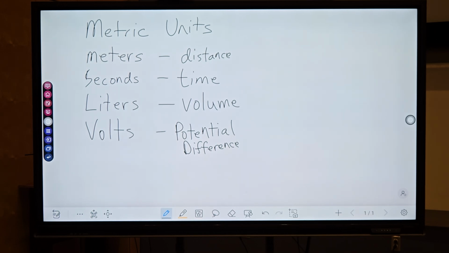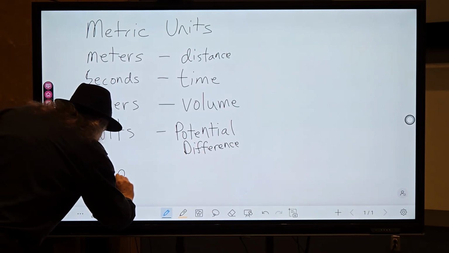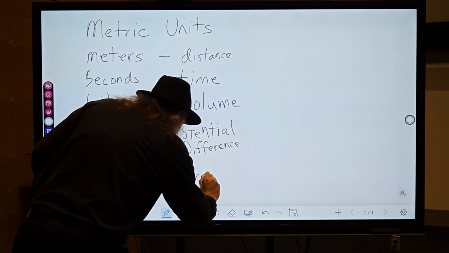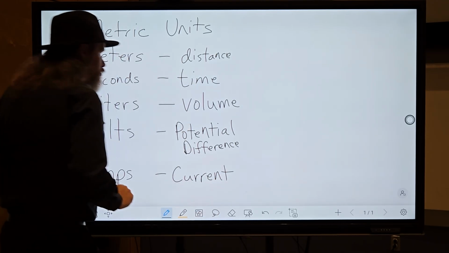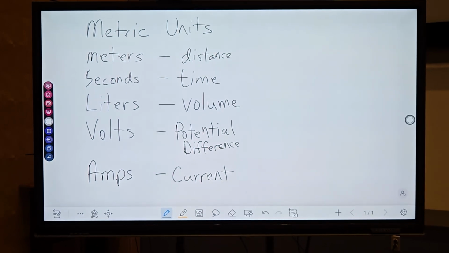That is the difference in electrical potential. Amps, which is a measure of current. One amp is quite a bit, so most of the time you use fractions of an amp, like a milliamp or microamps.